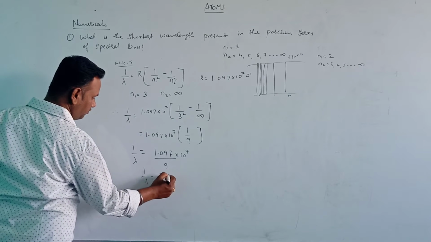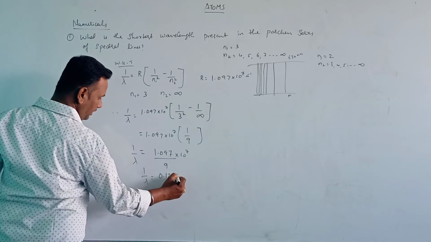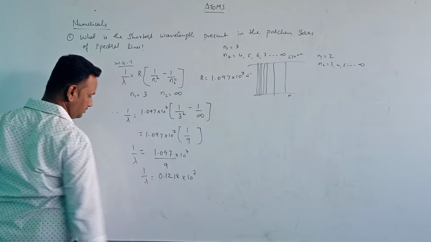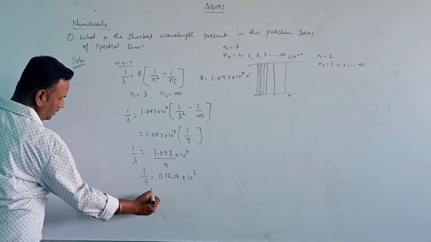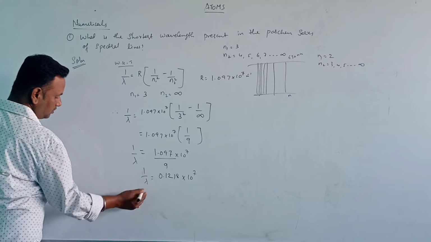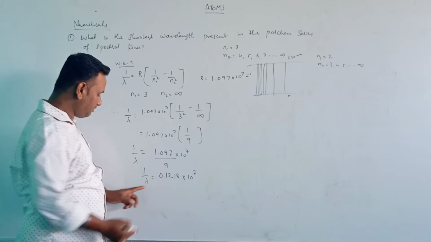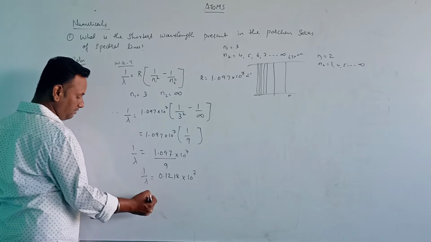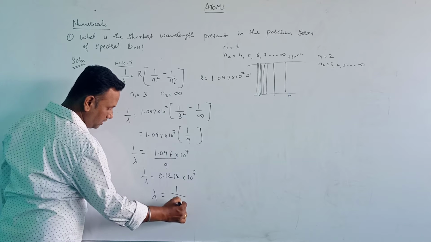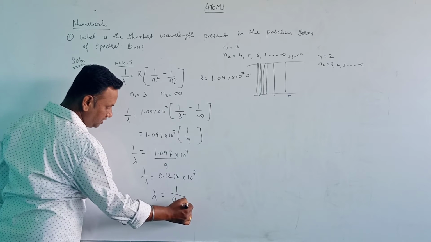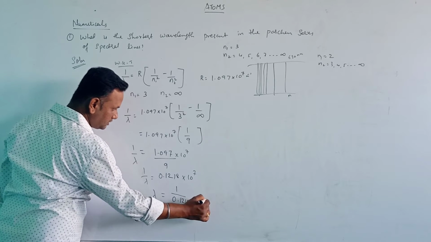It is 0.1218 into 10 to the power of 7. Now what you have to calculate is the lambda value. For finding lambda, we take this to the numerator, so 1 by 0.1218 into 10 to the power of 7.